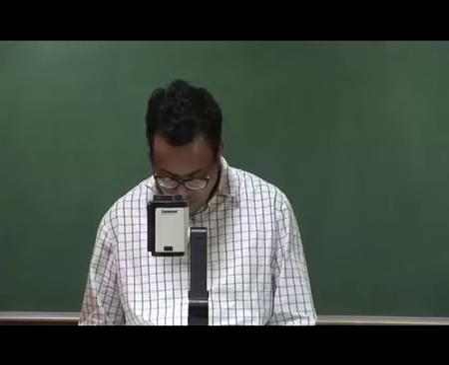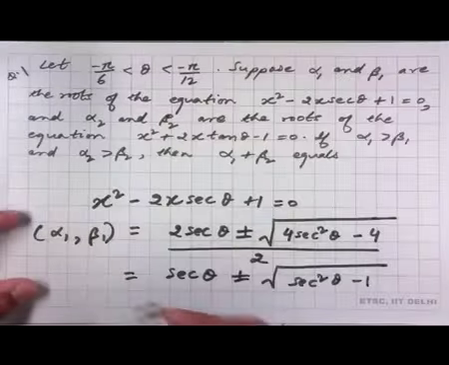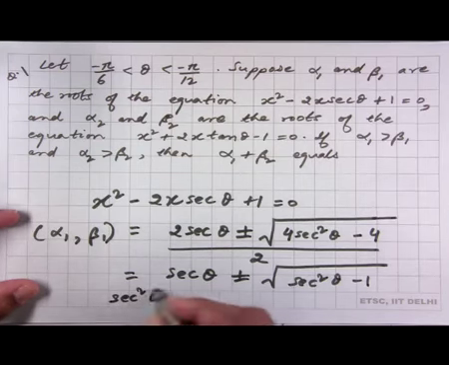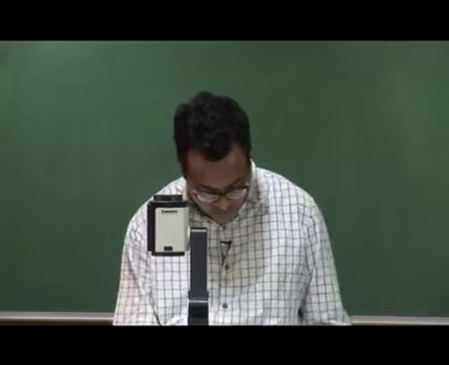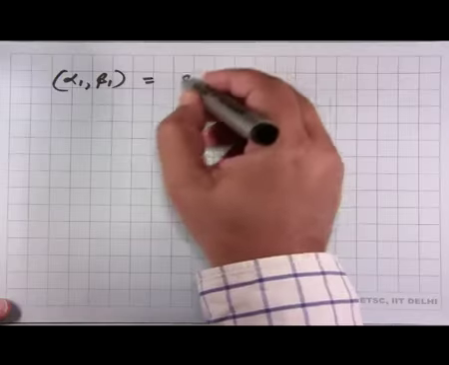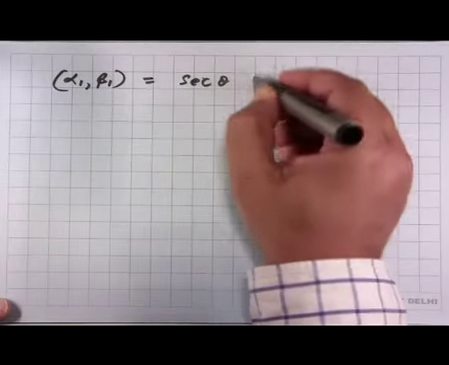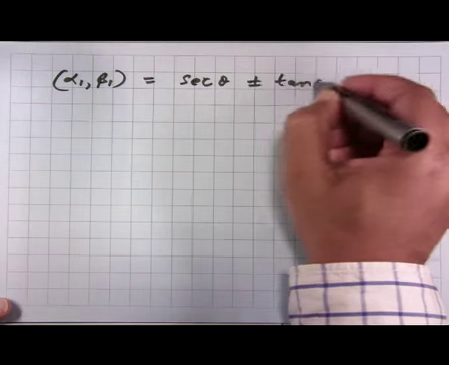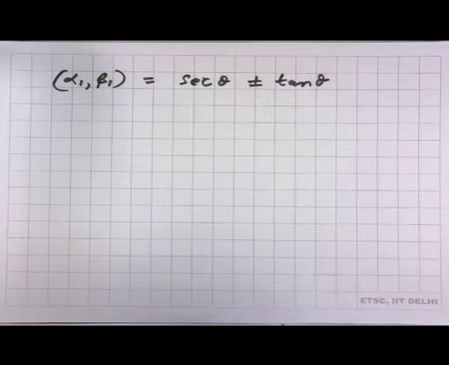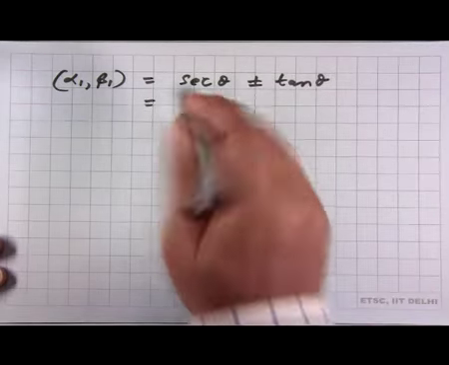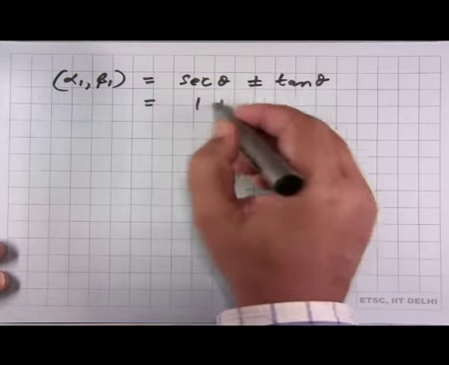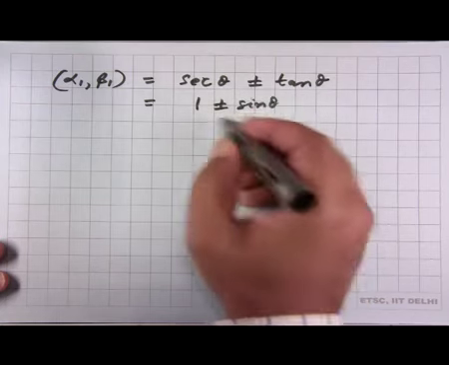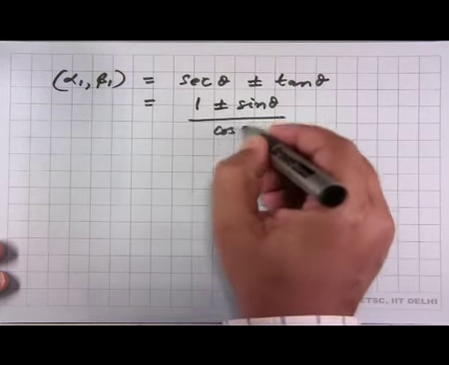And then of course, we use the identity that for any theta, sec square theta is 1 plus tan square theta. So, the two roots are sec theta plus minus tan theta, and then because secant theta is 1 over cos theta, we can also write this as 1 plus minus sin theta over cos theta.